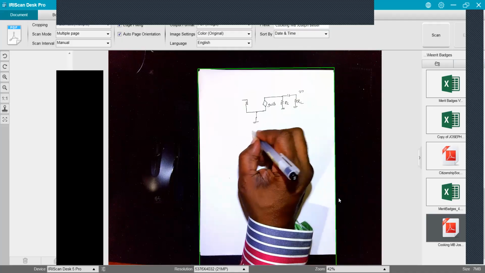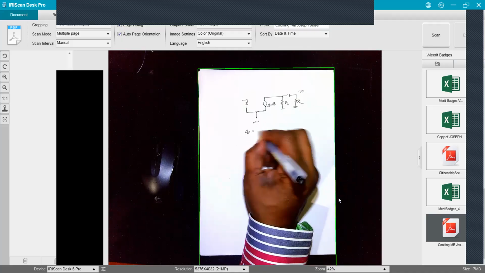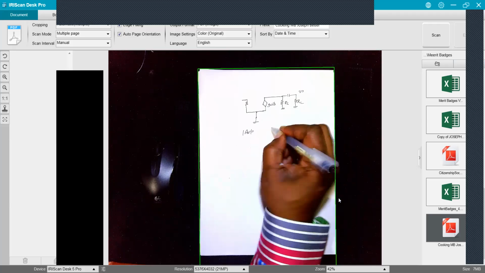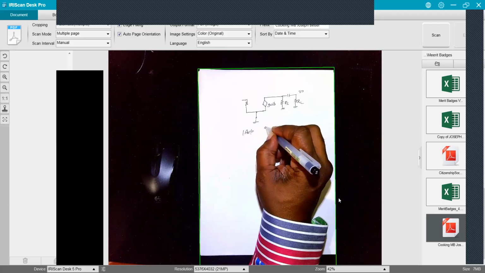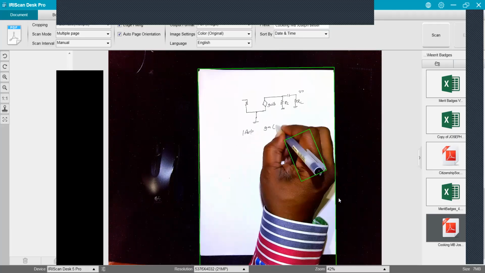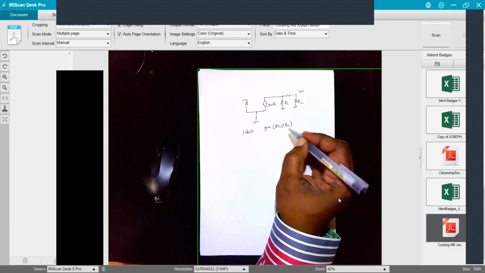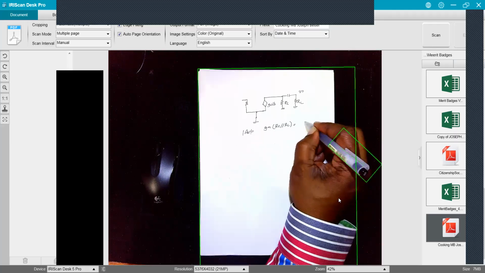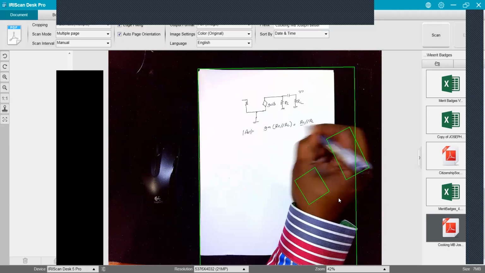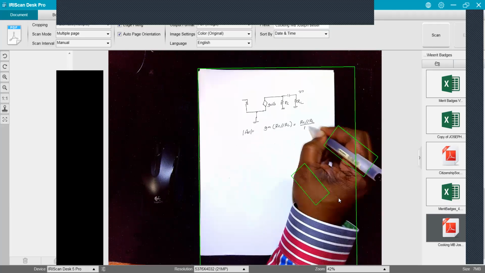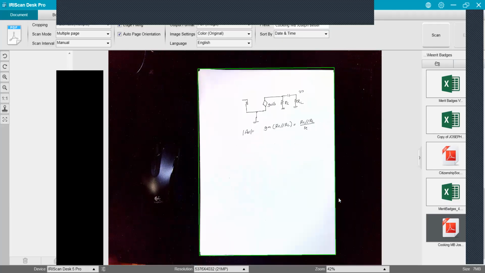The gain then, A sub B, the magnitude of it, was GM times RC in parallel with RL. GM is 1 over RE, so let's write it like that also. So it's RC in parallel with RL over little RE.